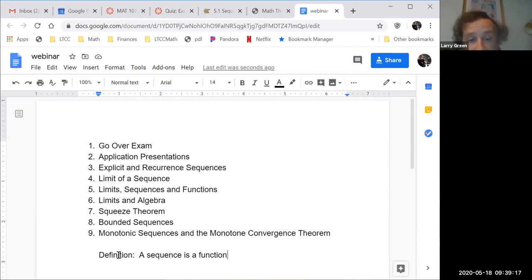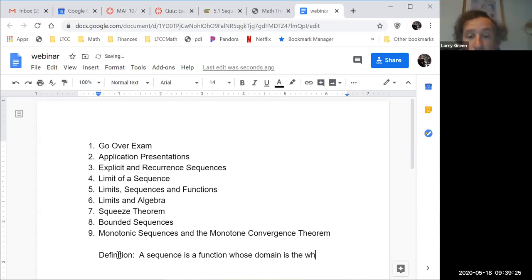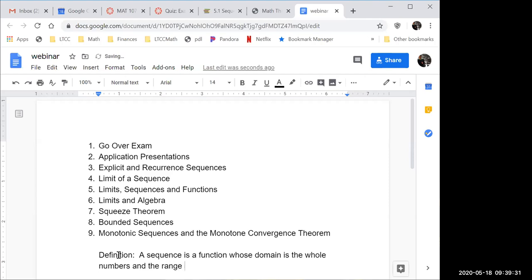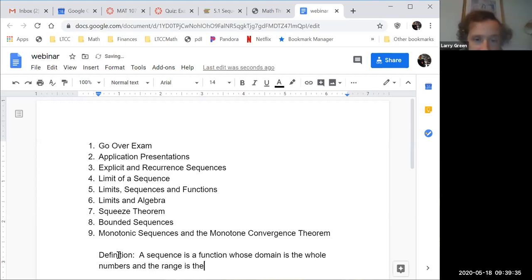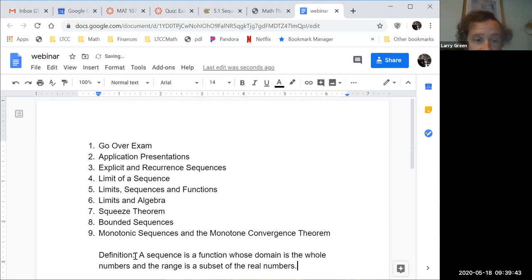So a sequence is a function whose domain is the whole numbers, and the range is the real numbers. Maybe I should say is a subset of the real numbers. And that's the definition of a sequence.